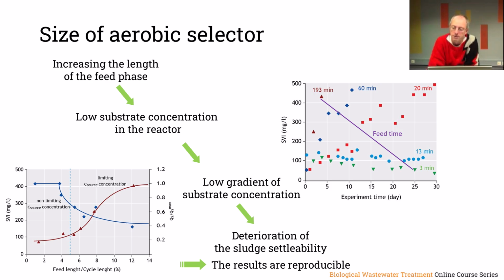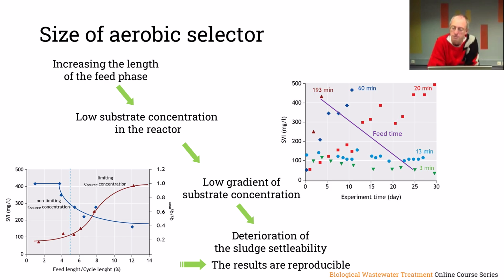And the different lines are for different lengths of feeding periods. So 3 minutes is a plug flow reactor, 193 minutes is effectively a completely mixed reactor, and the longer the feeding period, the more, say, completely mixed the reactor effectively is. Or you could say the larger the selector would be.